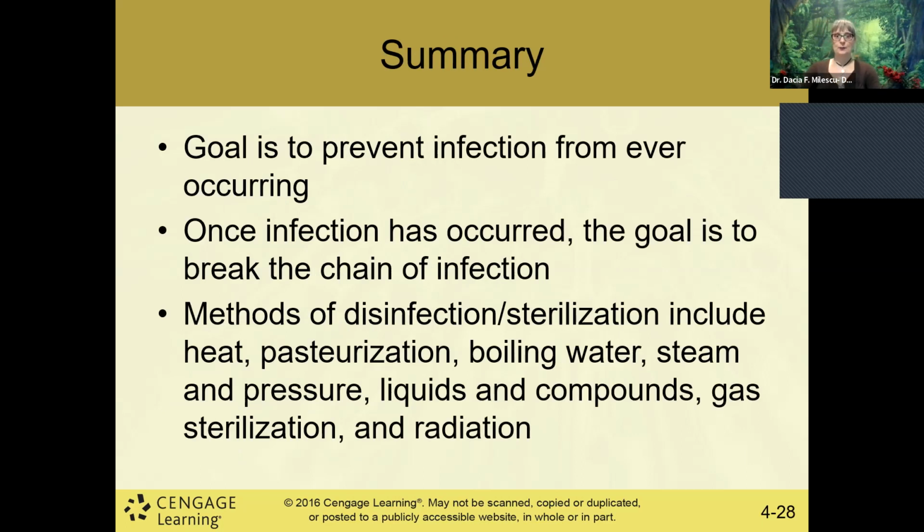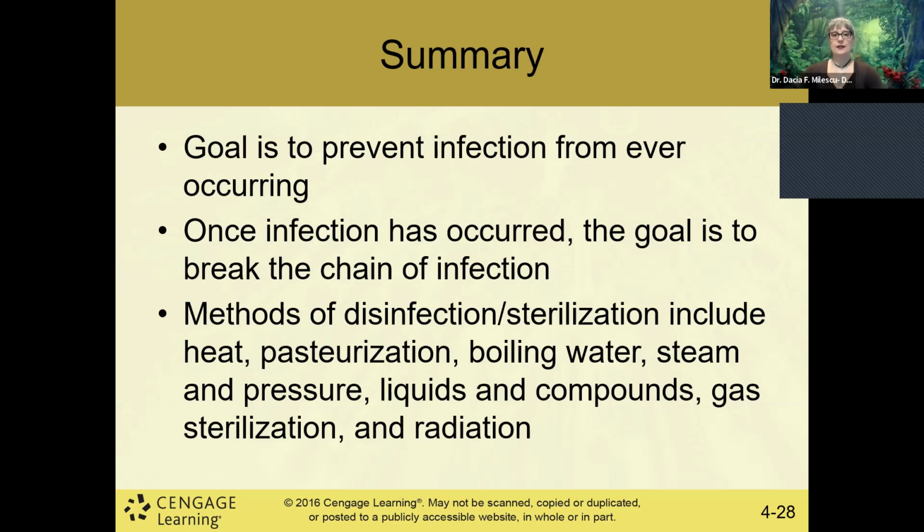All right, so that's pretty much our highlights of every possible way that we are currently using to disinfect and sterilize. The goal is to prevent infection from ever occurring in the first place so that we don't have hospital-acquired infections, which are called nosocomial infections.